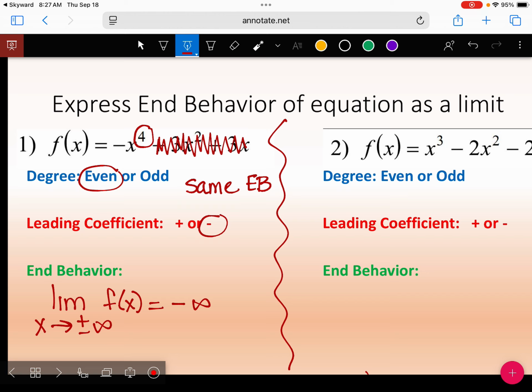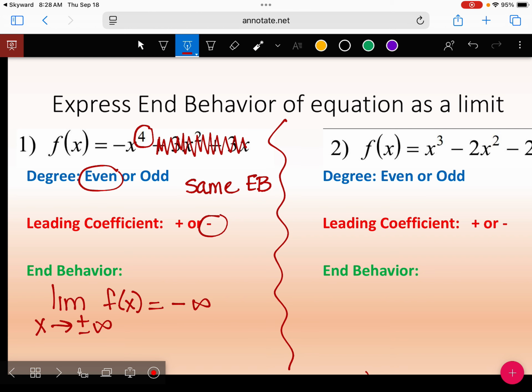All right, go ahead and copy down equation 2 if you haven't already. Okay.